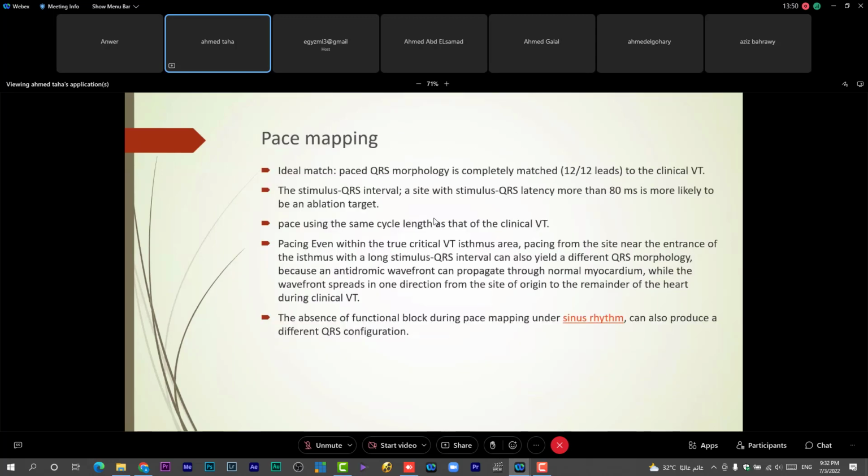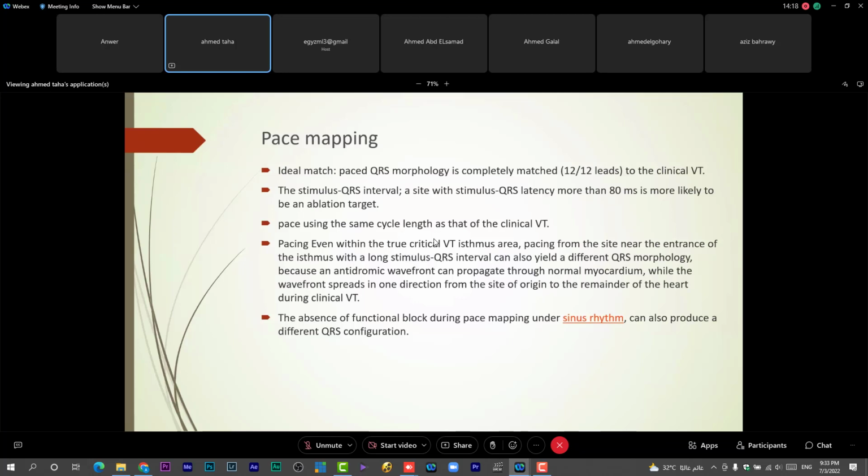Okay. So let's get to the tips and tricks that we can find for every mapping technique. For example, if I'm talking about pace mapping, I start to map the patient and do pace mapping for them. So I need to reach what's called the ideal match, like paced QRS morphology completely matched with the clinical VT. But have we actually reached this 12 by 12? That depends on three points of view.